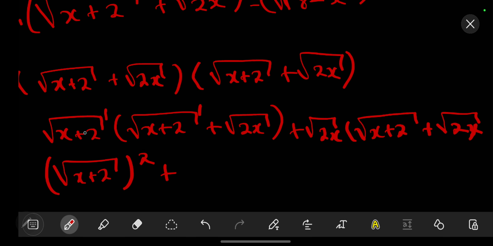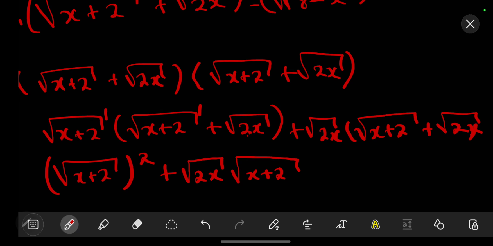Then we have plus. If there are 2 radicals, you can multiply 2 times x, everything that is inside can multiply, but we are going to do this. It's still okay to say this times this: 2x times whatever radical, we have x plus 2.